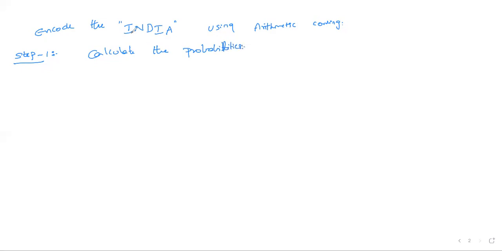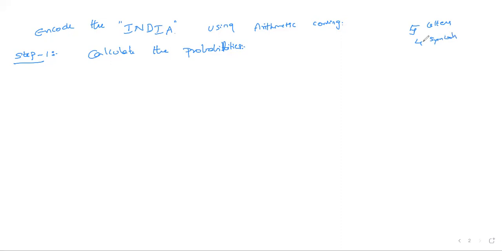So here how many letters are there? 1, 2, 3, 4, 5. So 5 letters. Out of 5 letters, how many symbols are there? I is repeated. So for 5 letters, 4 symbols, right?